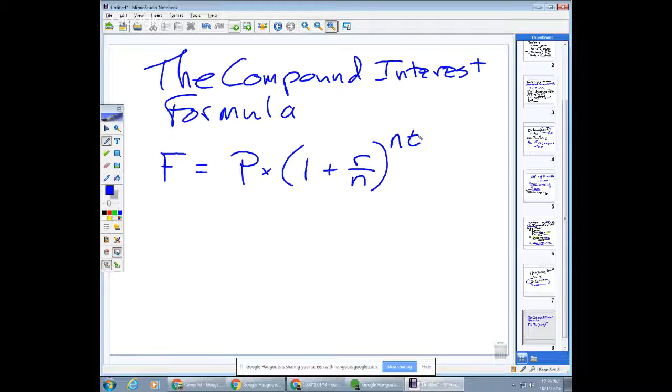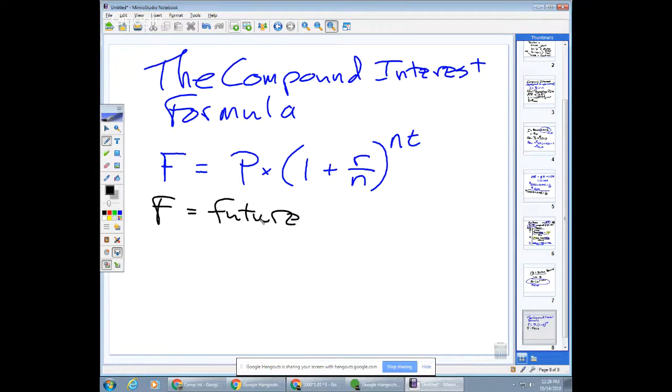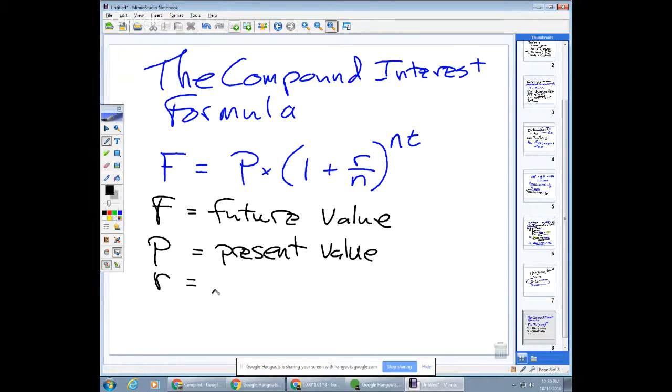There we go, color. And P is the present value. Sometimes you'll see a B for beginning balance. That's common too. R is our annual percentage rate, APR.